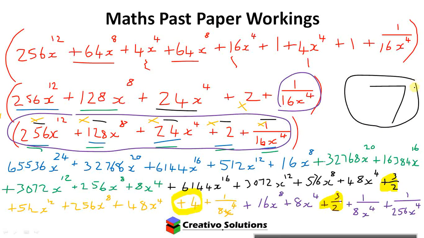That's the answer. That's what they wanted. Okay, so to answer that question, they said find the independent term of x. You would say independent term is 7. That's the constant.